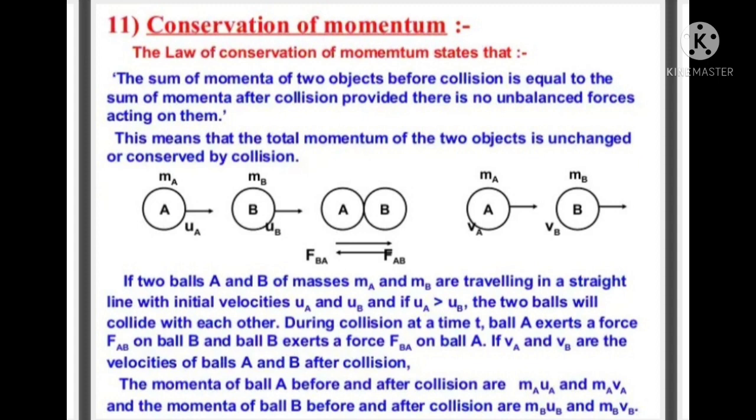Ball A exerts a force FAB on ball B, and ball B exerts a force FBA on ball A. If VA and VB are the velocities of balls A and B after collision, the momenta of ball A before and after collision are MA UA and MA VA, and the momenta of ball B before and after collision are MB UB and MB VB.